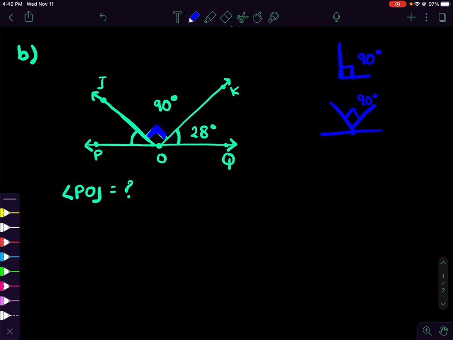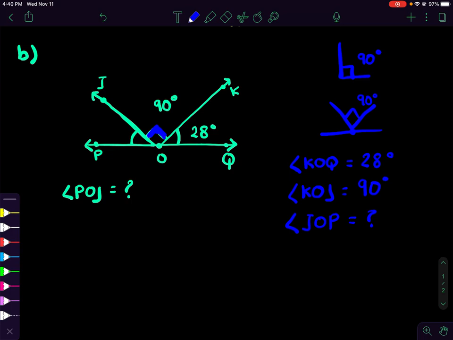So I'm going to write the things we know. We know the angle KOQ is 28 degrees. We know the angle KOJ is 90 degrees. We are missing angle JOP, so I put question mark.